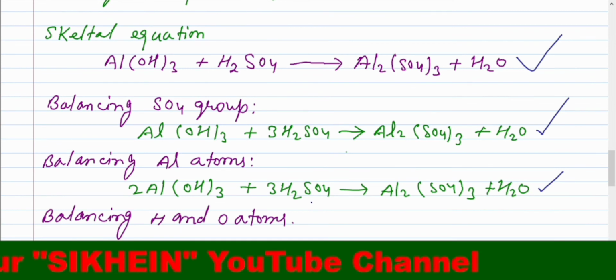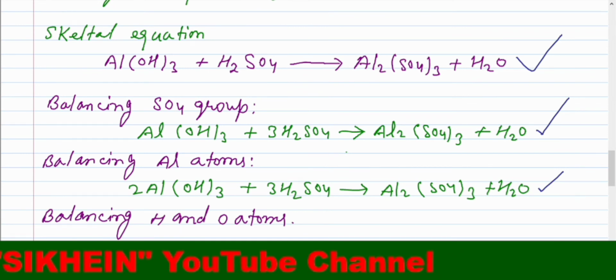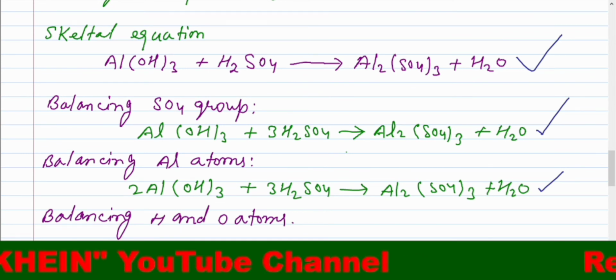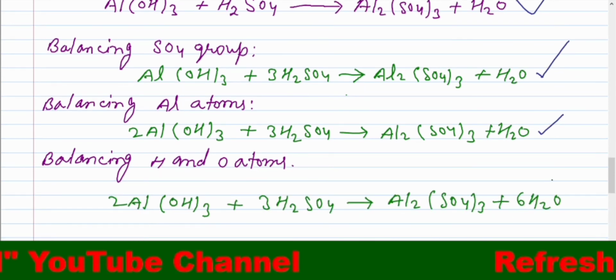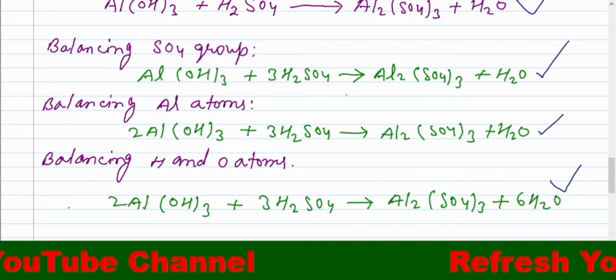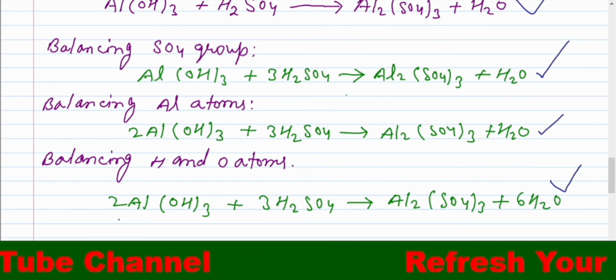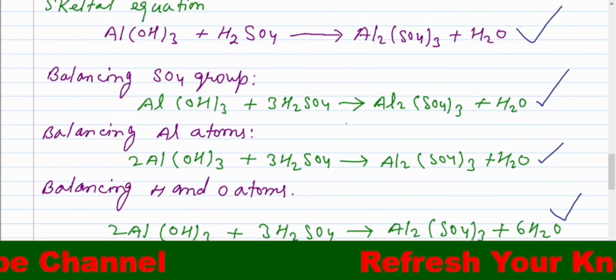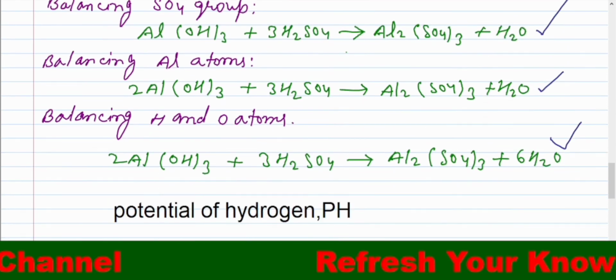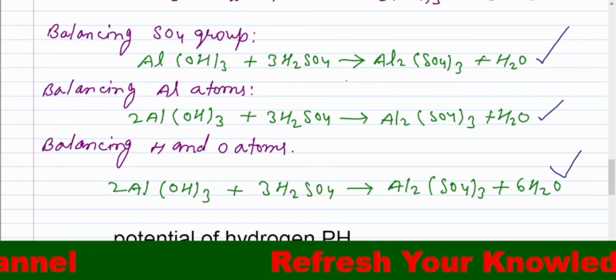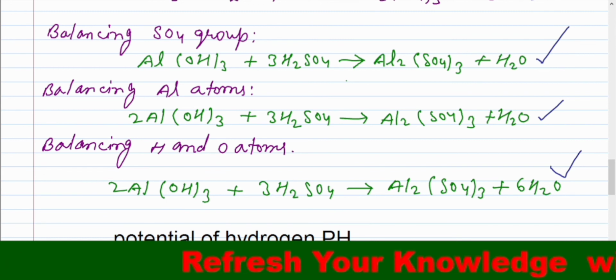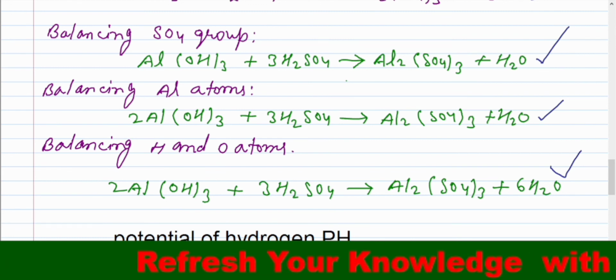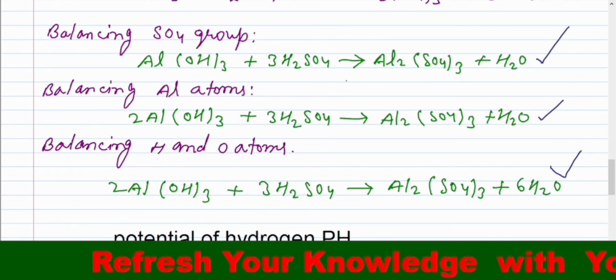And in the last, balancing hydrogen and oxygen atoms, we get the chemical equation as like this. This is a balanced chemical equation. So this is your system to balance a chemical equation.